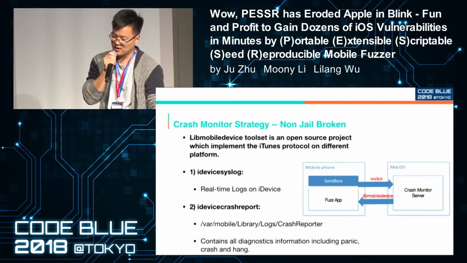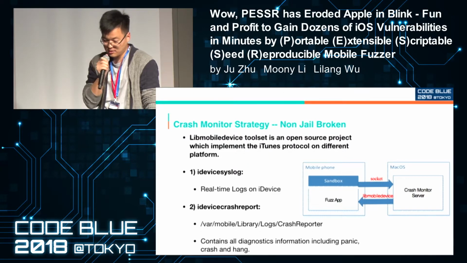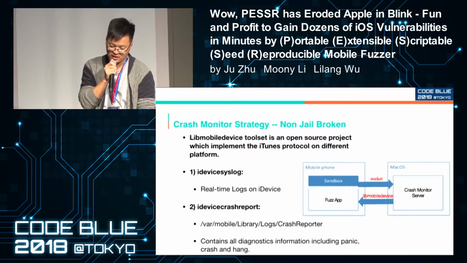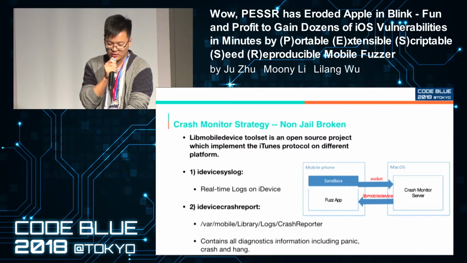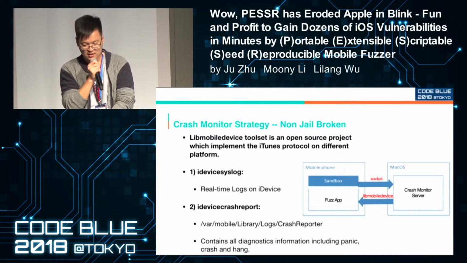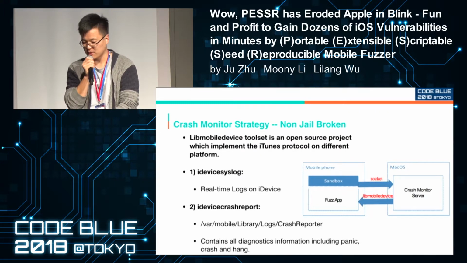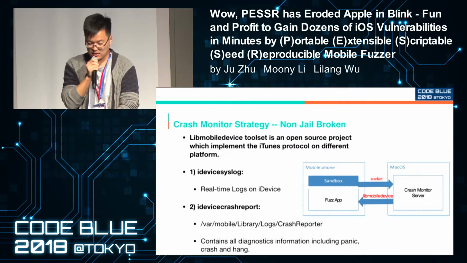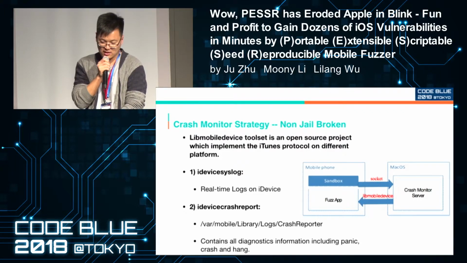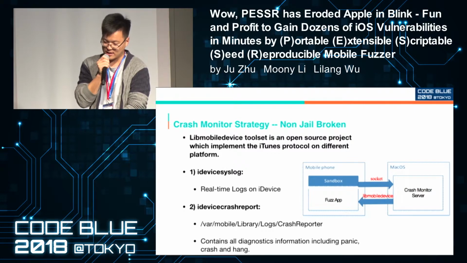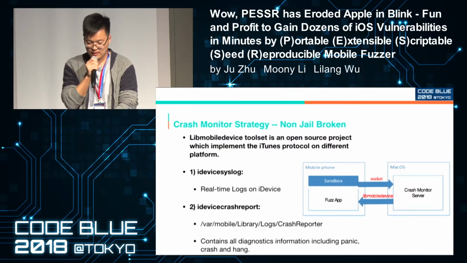We all know that fuzzing on iOS is a painful thing, especially on a jailed device. However, luckily there are already some excellent toolsets that implement the iTunes protocol, which can help us communicate with the iDevice, such as libimobiledevice. Then we can use the iDevice's syslog to monitor the system log to see whether an XPC service crashed or exited.